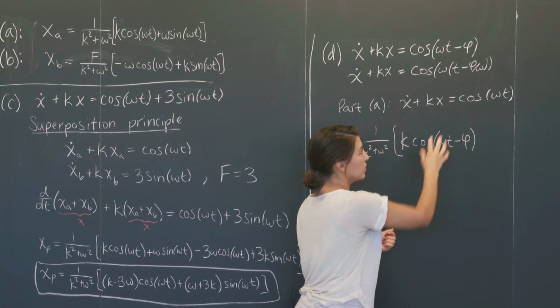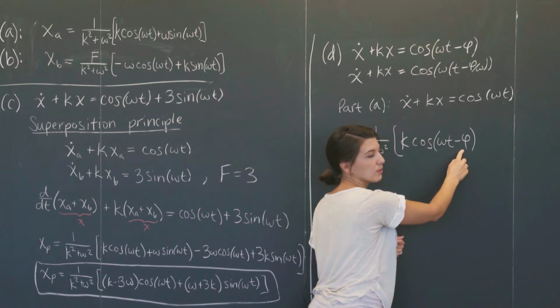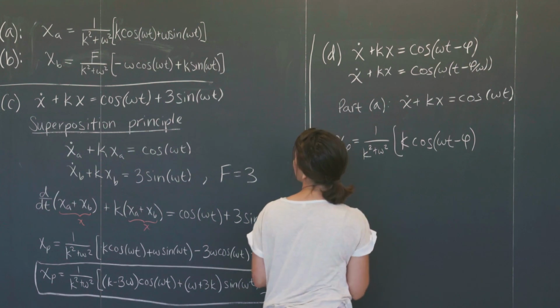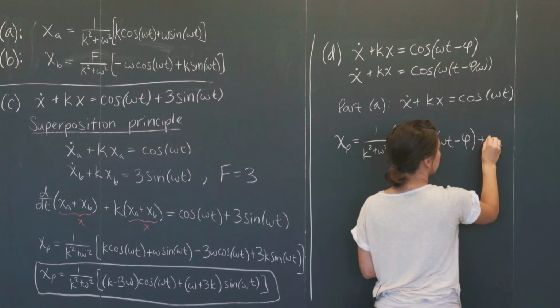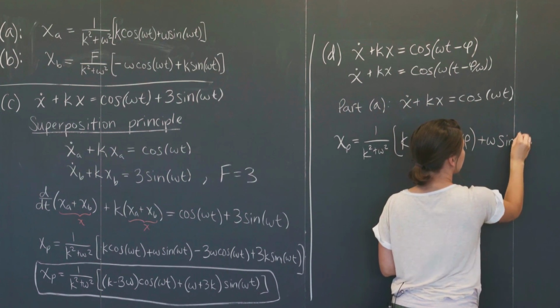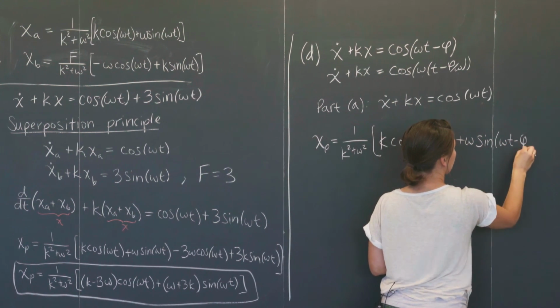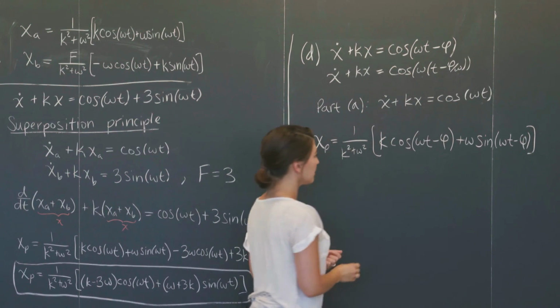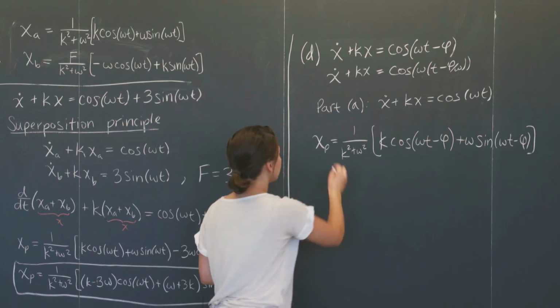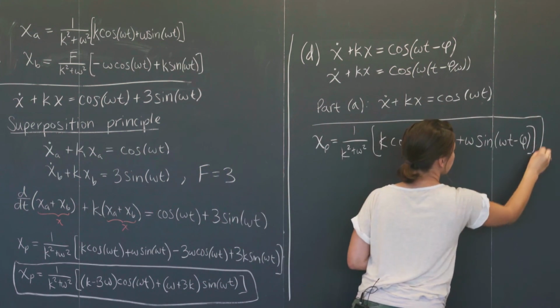So when I substitute this in for t, omega distributes through, and I get this factor again, plus omega sine omega t minus phi. And that's the solution for the ODE in part D.